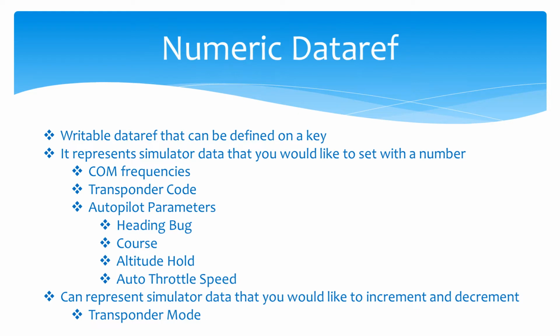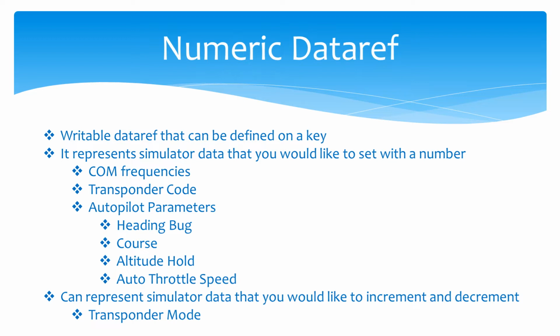So for us, a numeric data ref has to be writable because our intent is to actually manipulate it. It can represent simulated data that you would like to set with a number. One of the things you can do with an X-KeyPad is enter digits into this thing called the number buffer, which we're going to discuss in a minute.